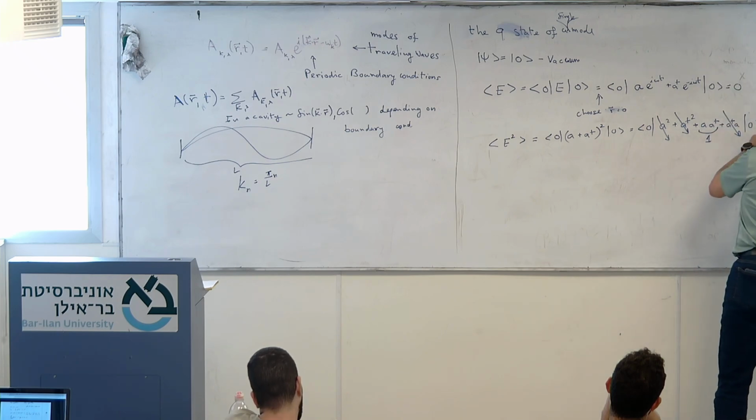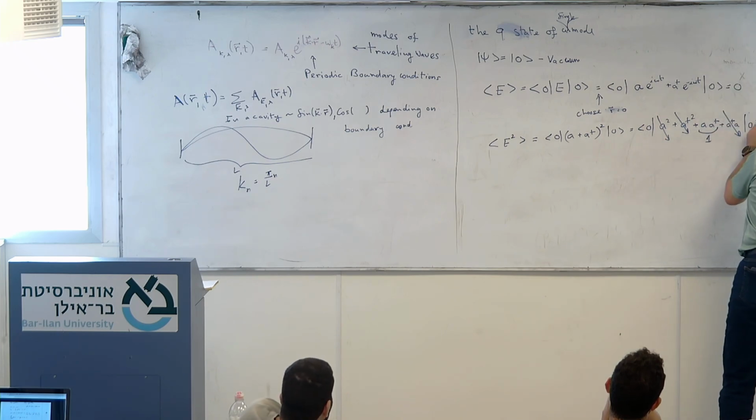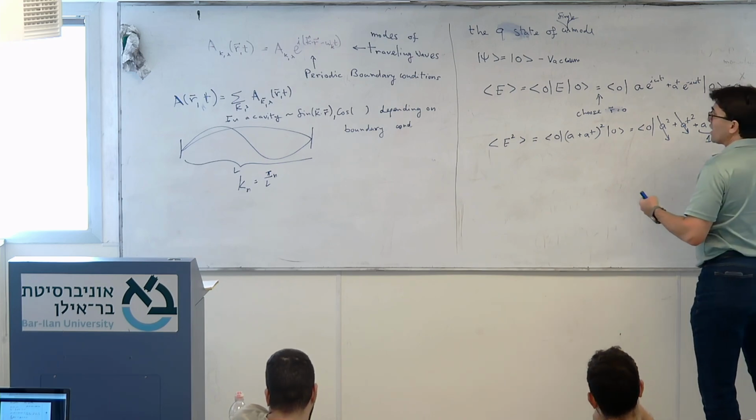So the average field squared is non-zero. It has a value.